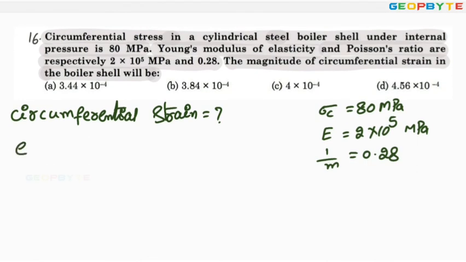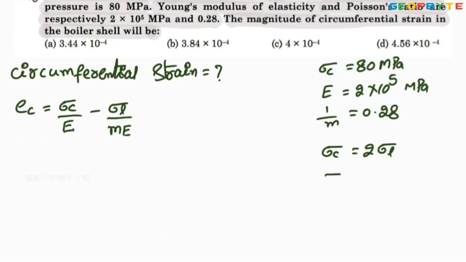As we know, circumferential strain equals sigma c by E minus sigma L by mE. But in general, sigma c equals twice sigma L. Therefore sigma L equals sigma c by 2, which is 80 by 2. Therefore, longitudinal stress equals 40 megapascal.